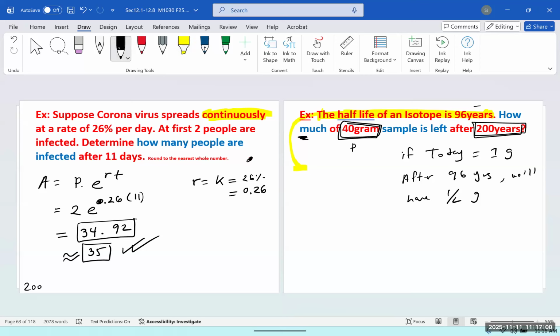It means the final amount turns into half if the initial amount is 1 today. Initial amount is 1 means the final amount has to be half. How long do we have to wait to get the 1 gram turned into half gram? Half-life is 96 years.